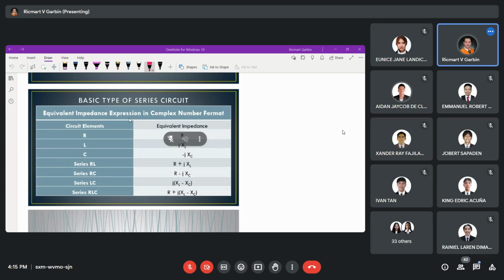Studied last time, yesterday, yung mga basic type of series circuits natin and its equivalent impedance expression in the complex number format.